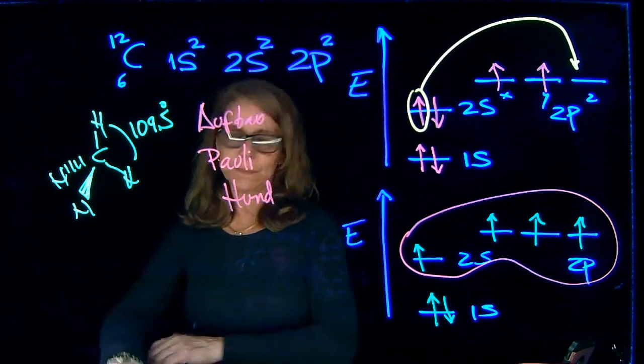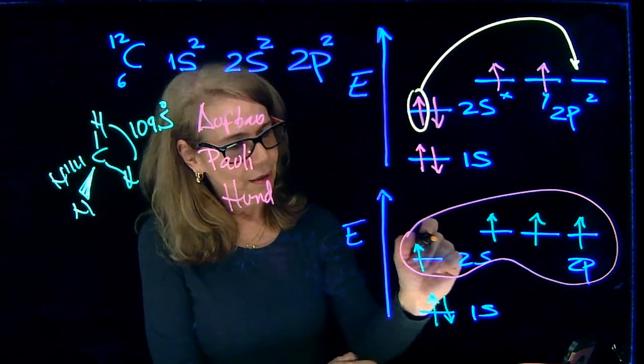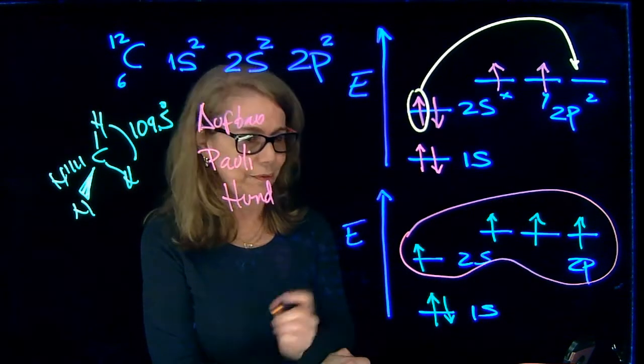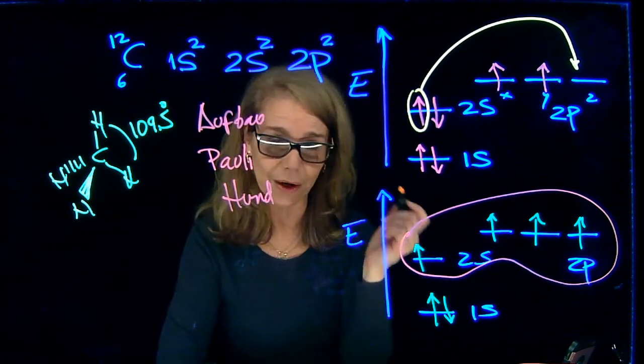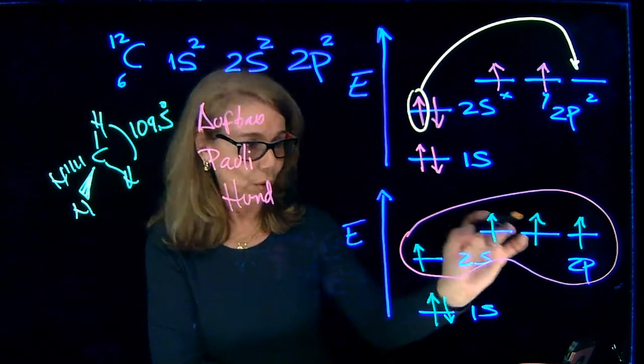So for that, our model is that we're going to mix the 2s orbital with the 3 p's and make hybrid orbitals. Orbitals are mathematical functions, so we can create new mathematical functions, those hybrids.